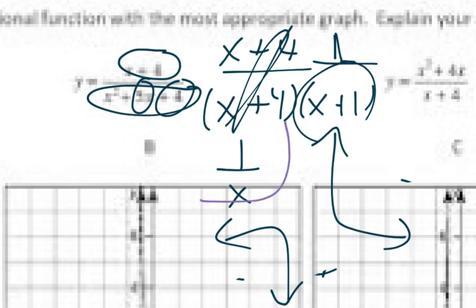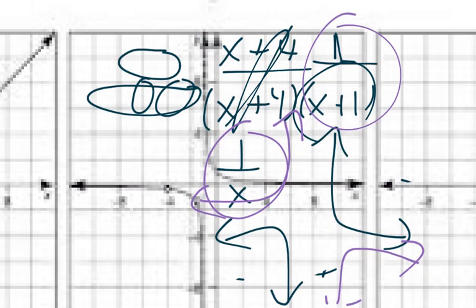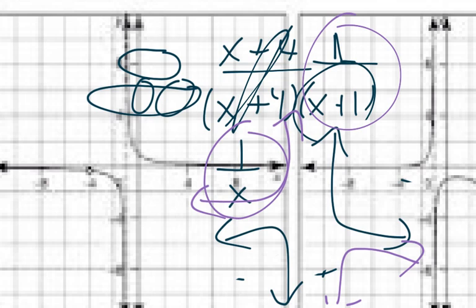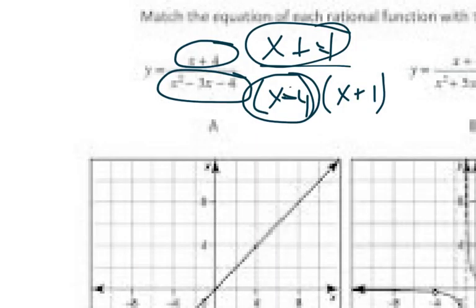Negative 1 over x looks like this and like this. So 1 over x plus 1, in other words, will look a lot like 1 over x. So now let's look at our choices here. Aha! This one right here is our second choice. So by default, we now know that this one is our first choice.